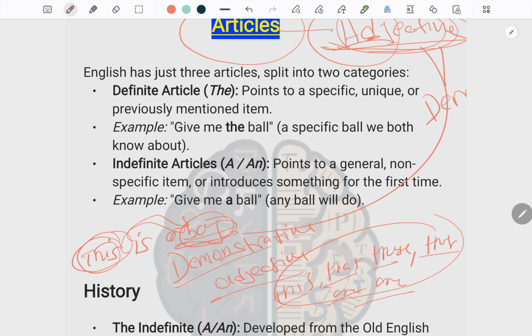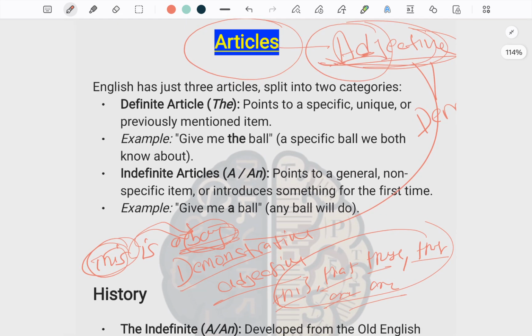So in the same way, when we talk about articles, what is an article? The word articles is derived from the adjective, which is the demonstrative adjective.